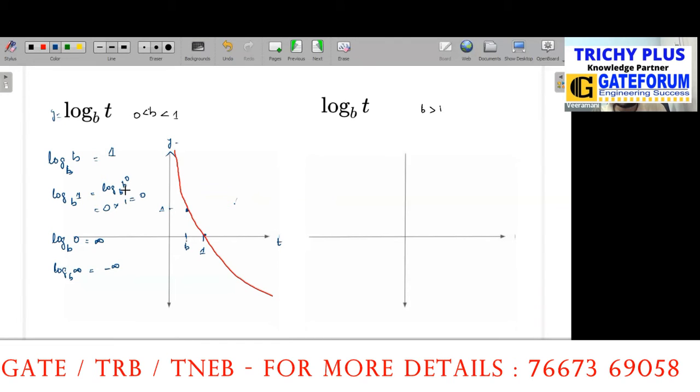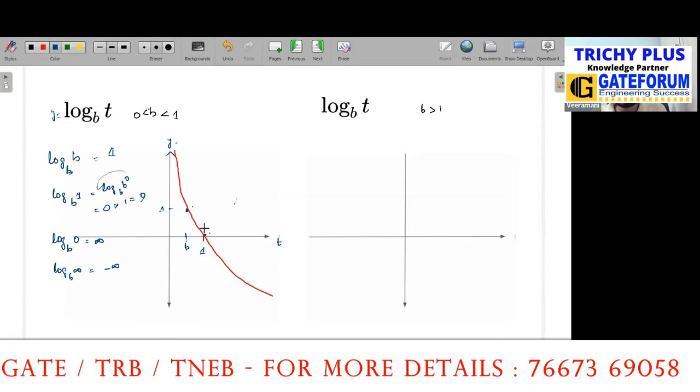Okay, so 1 I am writing as b power 0. Anything power 0 is 1, we know, right? So in the log, we can take this 0 to the front side, and log base b of b is again 1. So 0 into 1 is going to be 0. So with this point and this point, I am drawing the curve. It will come something like this. So here 1, here it is 1.